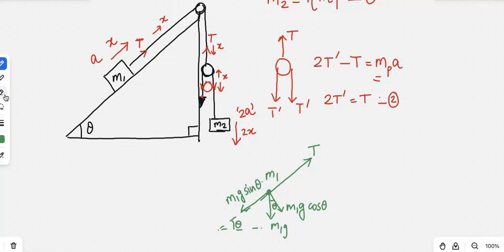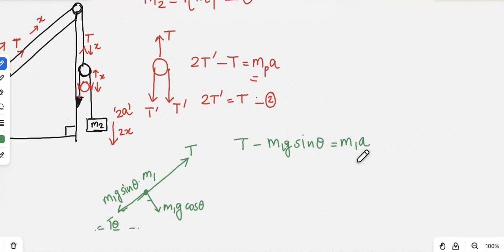Since I have drawn the components, I should erase this m1g vector. Now what I will get is T minus m1g sin theta is equal to m1 times a. This is my first equation for the first block m1.